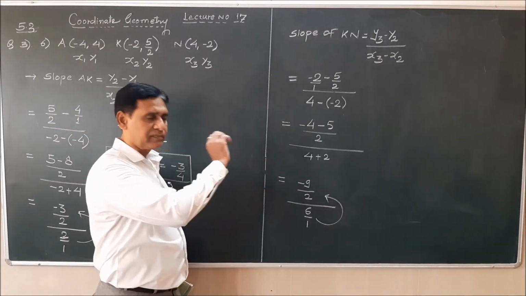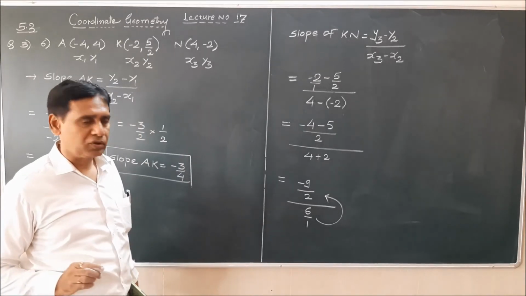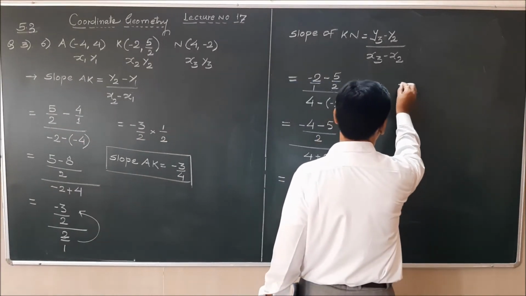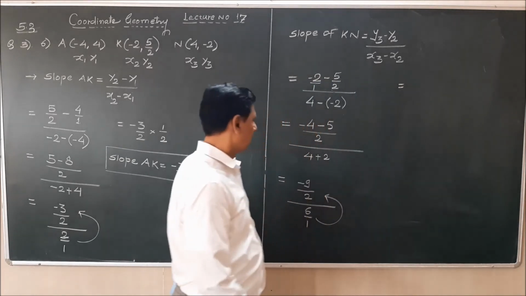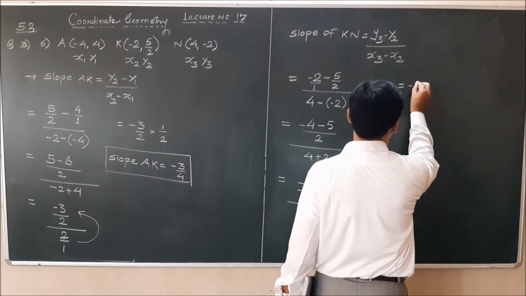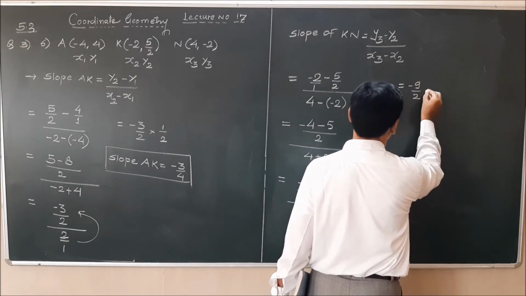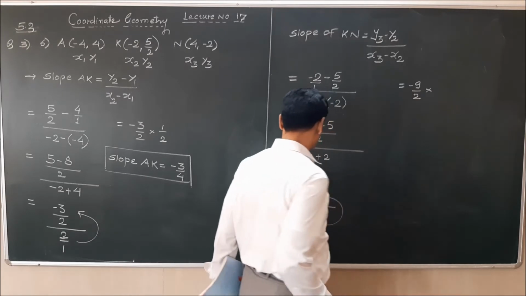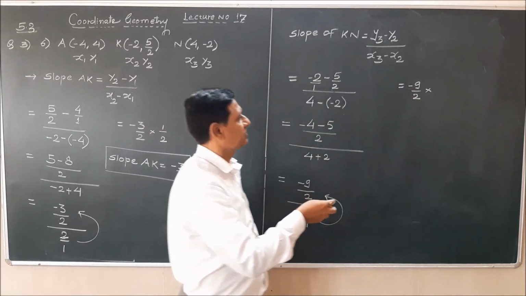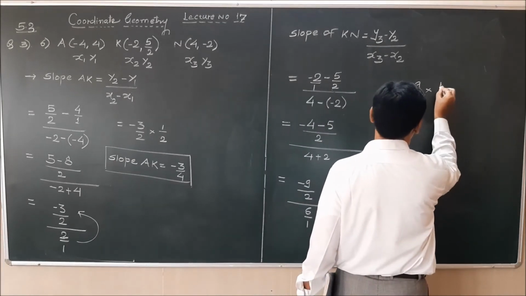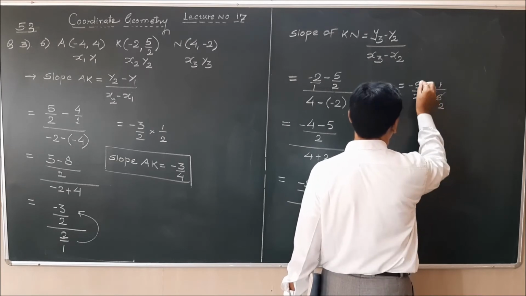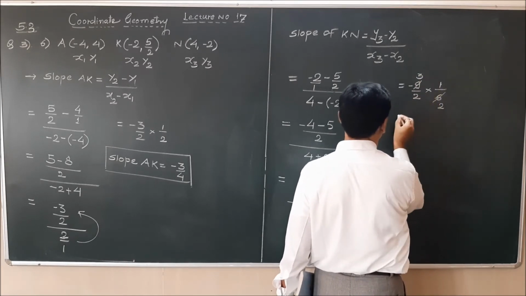Now I am going to transfer 6 upon 1 into the numerator. What I get, the next step, that is equal to minus 9 upon 2 as it is, multiplied by 6 upon 1 will become 1 upon 6. So 3 2s are 6, 3 3s are 9.